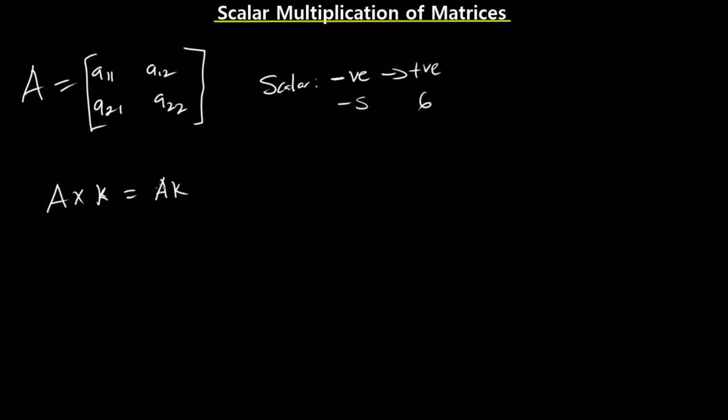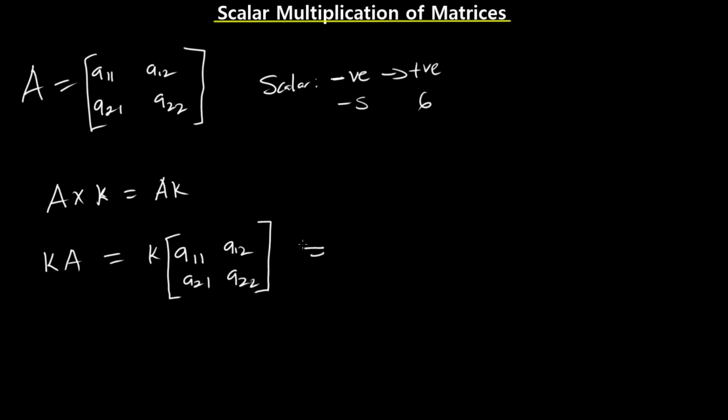How this works is element-wise, and it's very simple. Let's say we have a scalar k and we multiply it by A. This is simply k multiplied by A. We know that A is a matrix, so A can be A11, A12, A21, and A22.